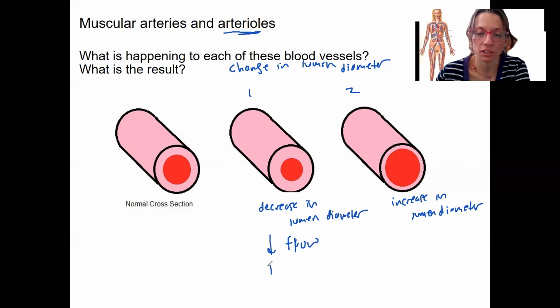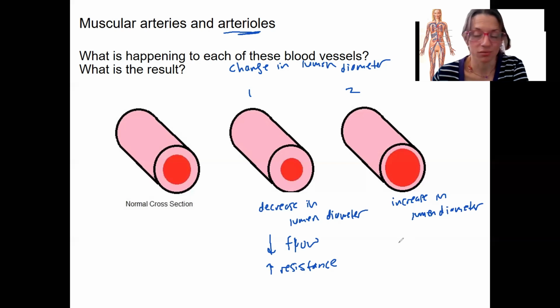Why? We had increased resistance because we decreased the lumen diameter, decreasing radius. You could actually put that in your equation, right, for how that affects resistance. Decreasing the radius increases resistance.